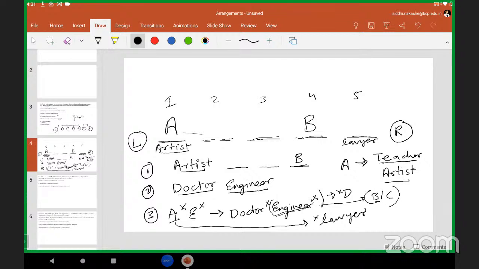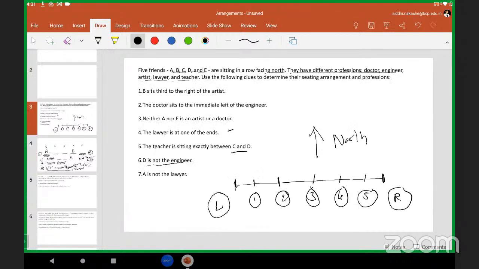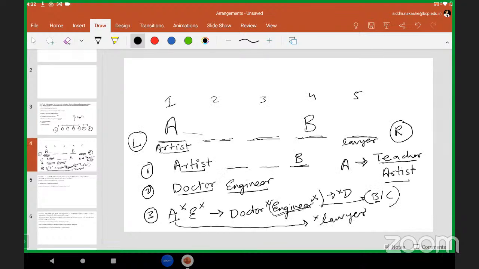So what is the next condition given over here? The lawyer is at one of the ends. The doctor sits immediately left of the engineer. So for engineer, there are two options, B and C. Fine. So B and C, let's consider this to be an engineer and this to be doctor.